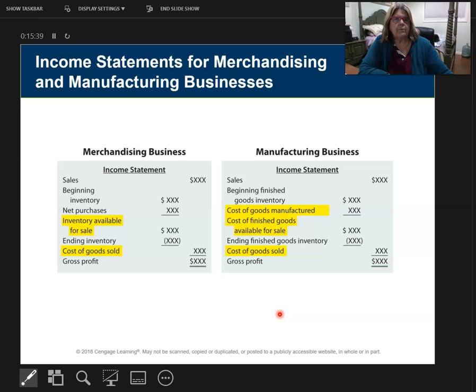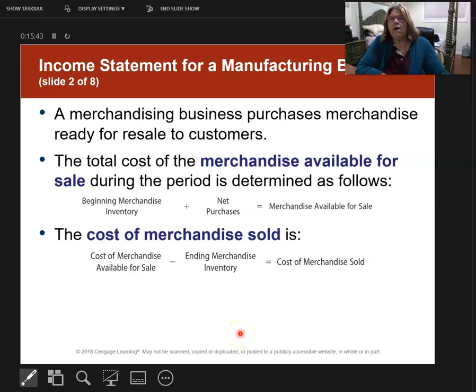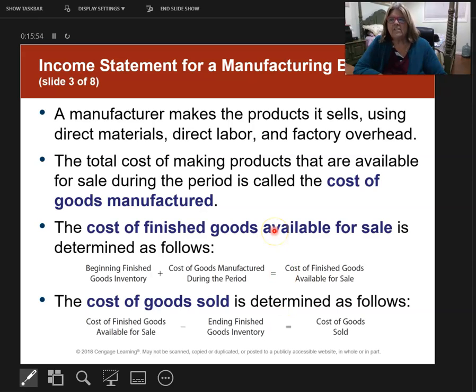To explain this in more detail on the income statement, I'm sorry, this one is for the merchandising business. Let's look at this one. This is for the manufacturing business. My beginning finished goods inventory plus the cost of whatever I made in that period equals the cost of finished goods.